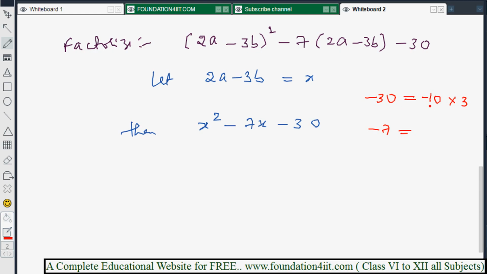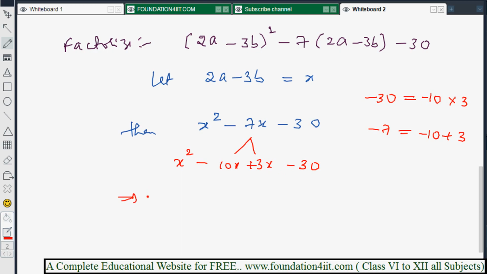Minus 10 into 3 is minus 30. Now check: minus 10 plus 3 is minus 7. Yes, it's okay. So minus 7x becomes minus 10x plus 3x, and minus 30 is the last term as it is.